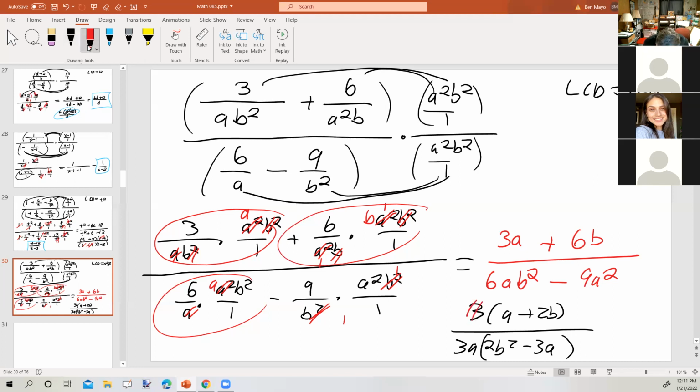I can take out the 3's. So then I've got a plus 2b over, and we could leave it factored, or we could put it back in, over 2ab squared minus 3a squared.